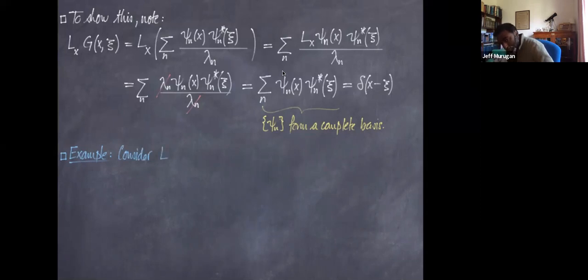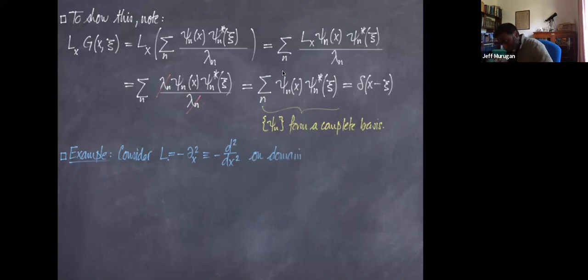I'll take L to be minus d x squared, so that's just basically minus d2 by dx squared. And I want to consider this on a particular domain.